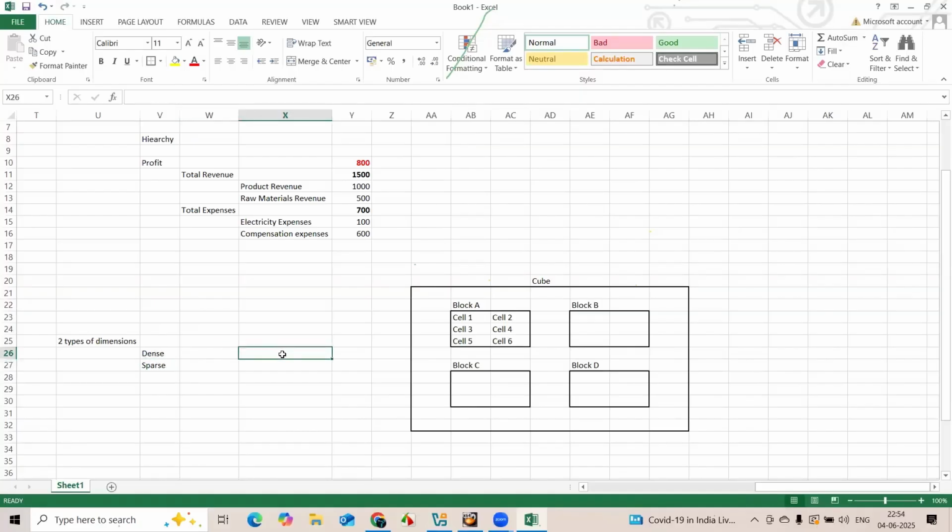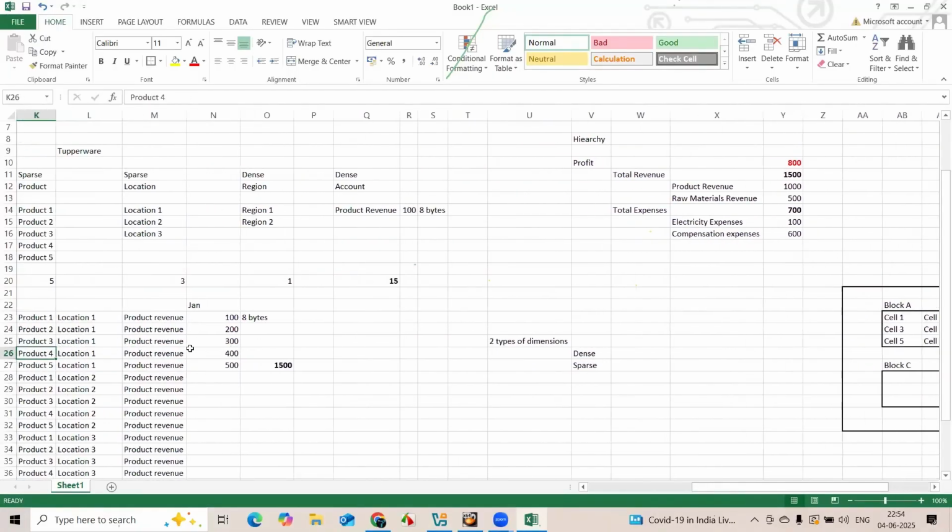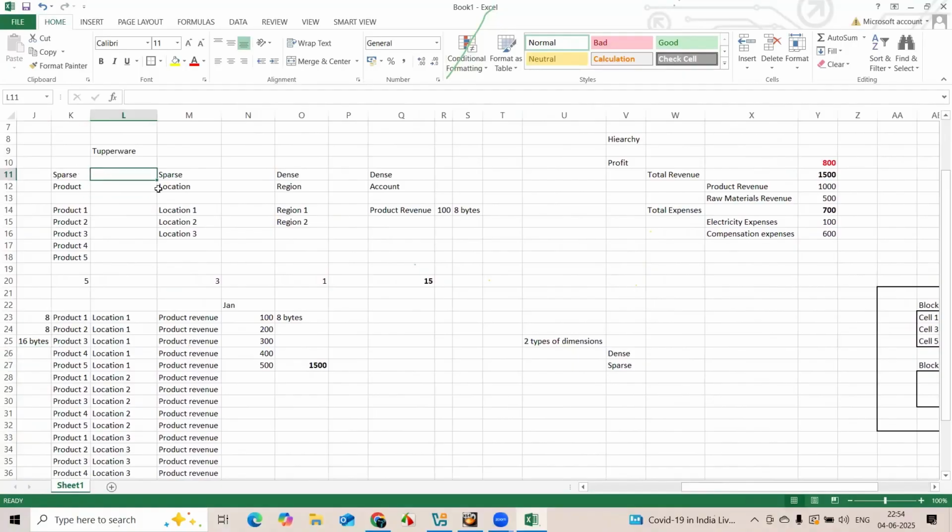Based on how you're tagging dimensions, these blocks and cells will be formed. For example, let us consider this scenario where 2 dimensions are sparse and 2 dimensions are dense. So what makes a block?